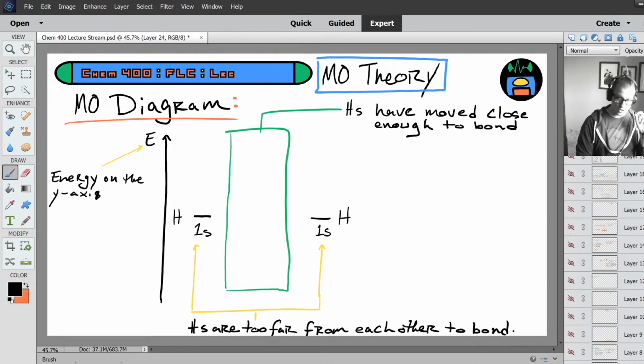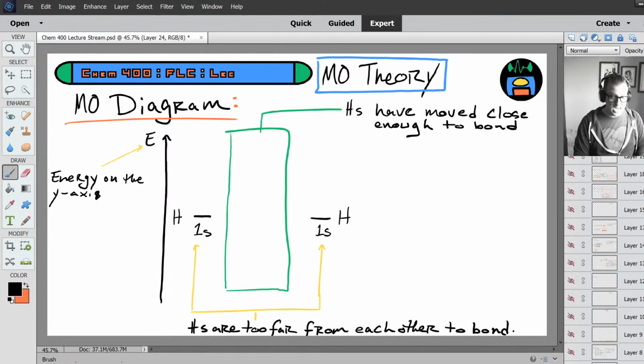And the question is, what happens to the orbitals as they mix? What are the orbitals that are created as a result?